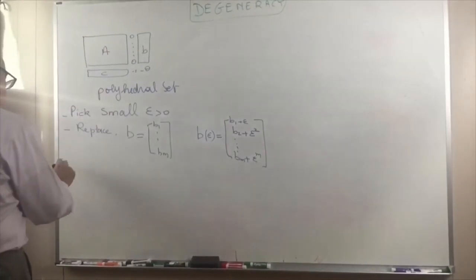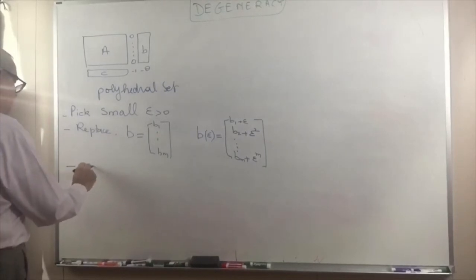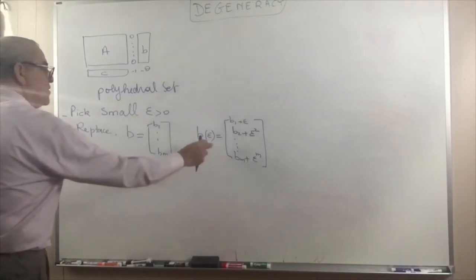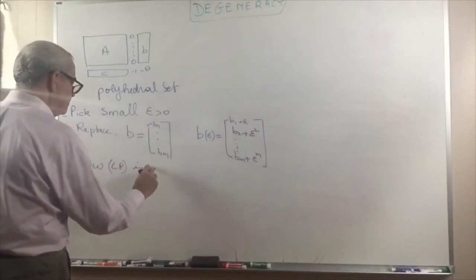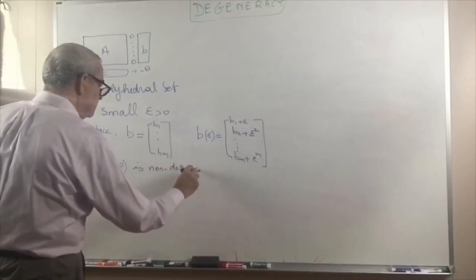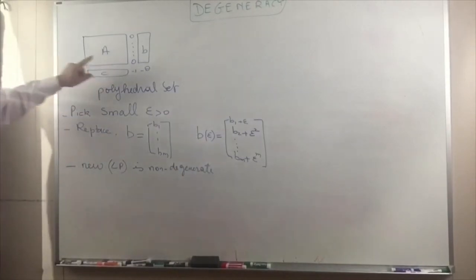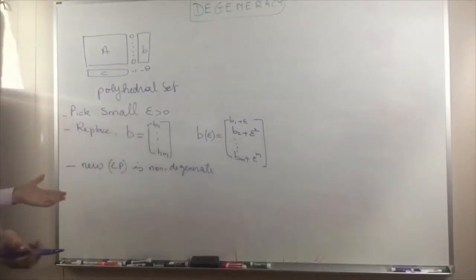Now, we're going to prove in a few minutes that the new LP, with this right-hand side, is non-degenerate. In other words, when we replace this b by this one, then whatever iteration we do, we're never going to see a 0 on the right-hand side.